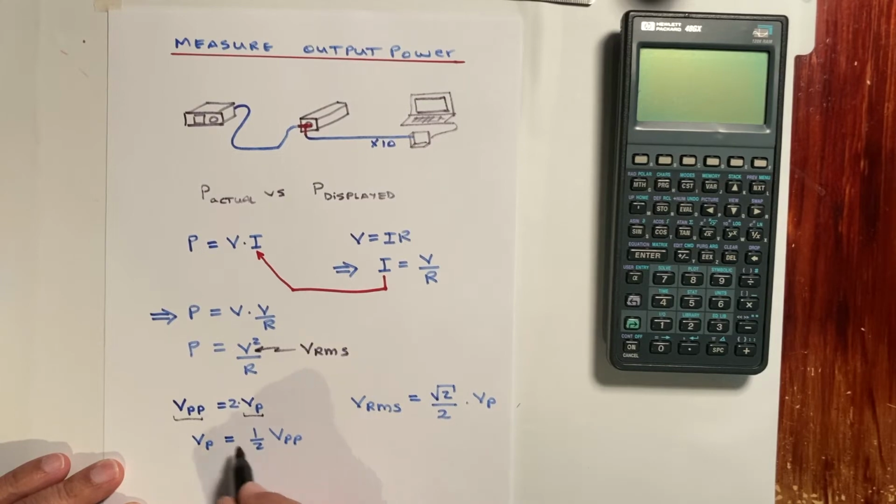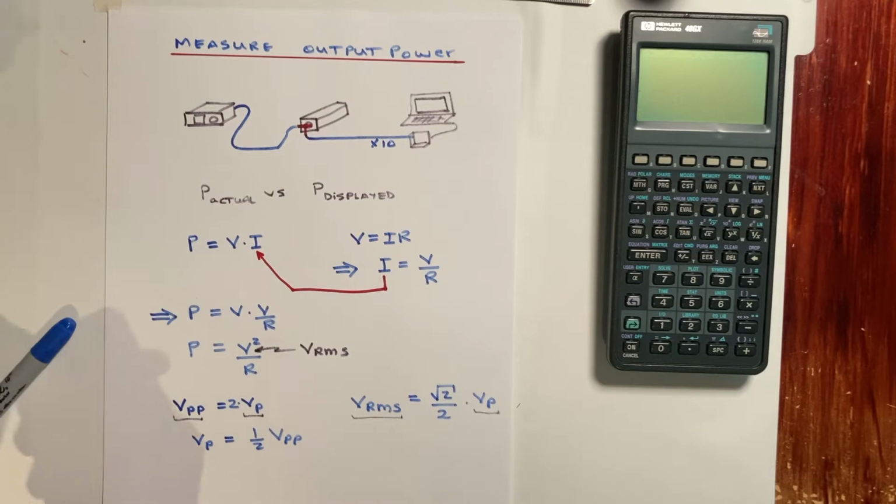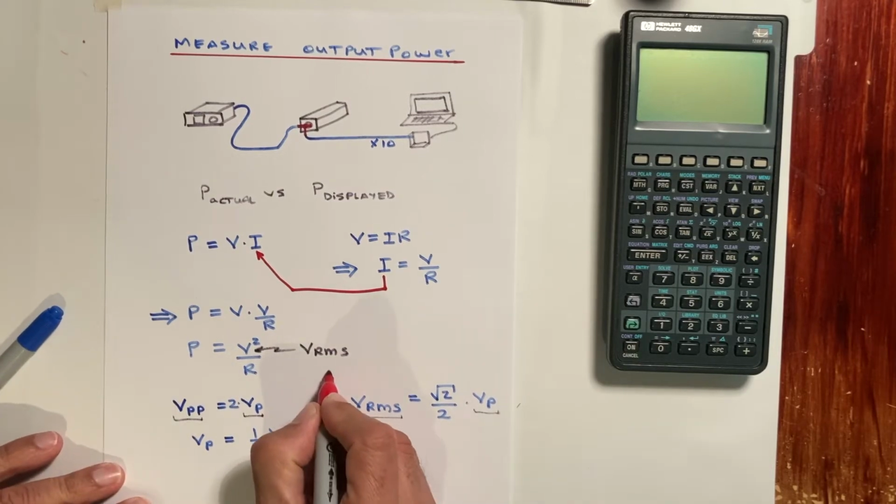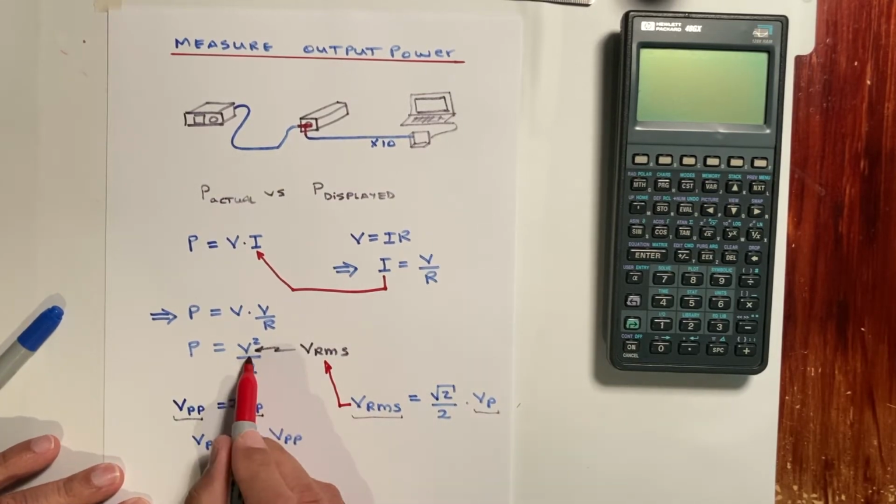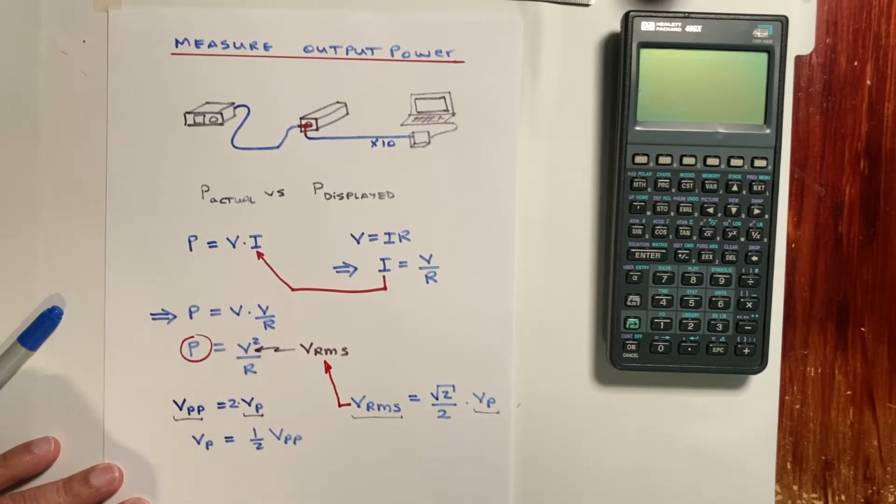Once we have that, we can insert volts peak here, and then obtain our voltage RMS. Once we have voltage RMS, we take that and insert it into here, and we get our power. So that's going to be the plan of attack. Now let's look at our experimental setup and then do some measurements.